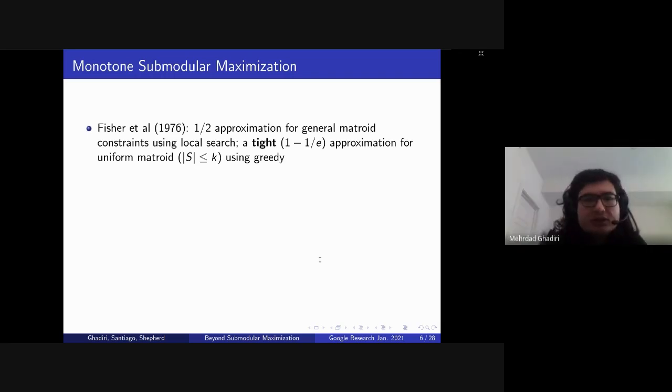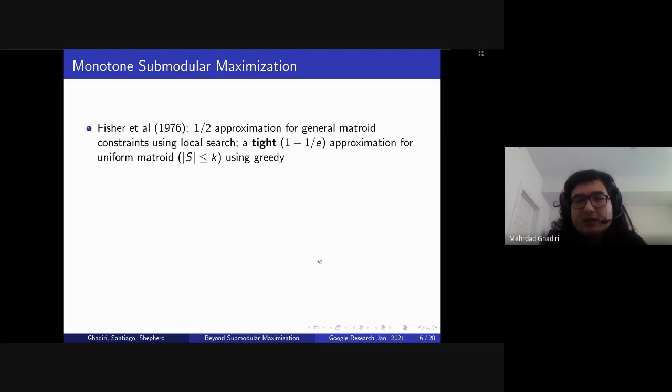As I mentioned, monotone submodular maximization is an old problem which has many applications. Maybe the first actual result about it is from Fisher et al. in 1976. They gave a half approximation for maximizing general monotone submodular functions subject to general matroids using a local search algorithm.